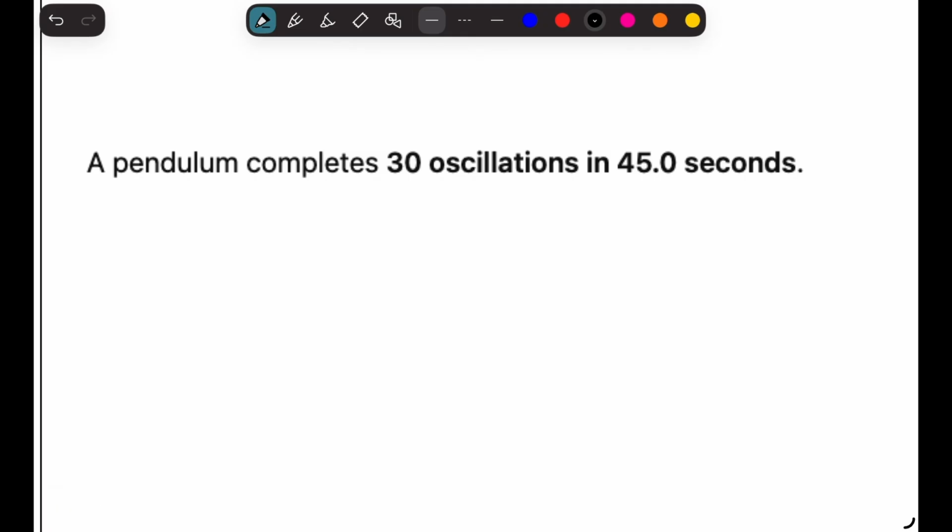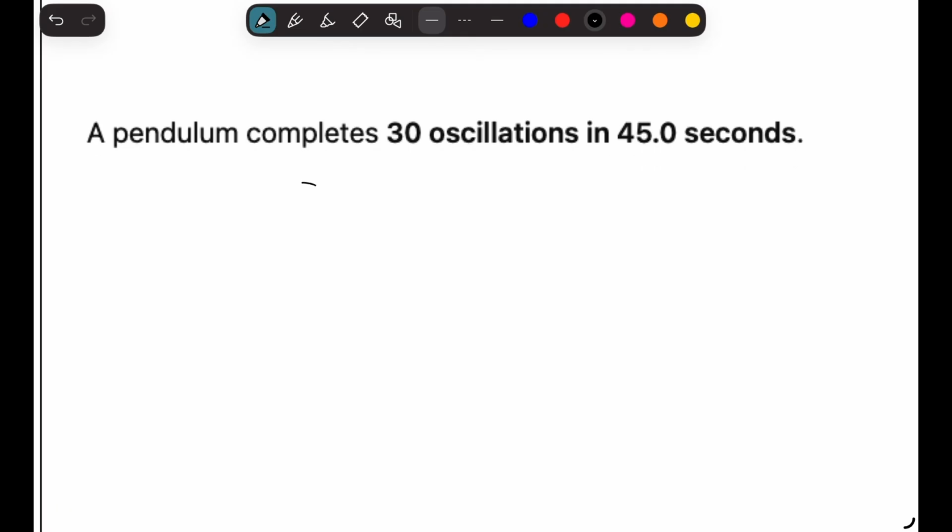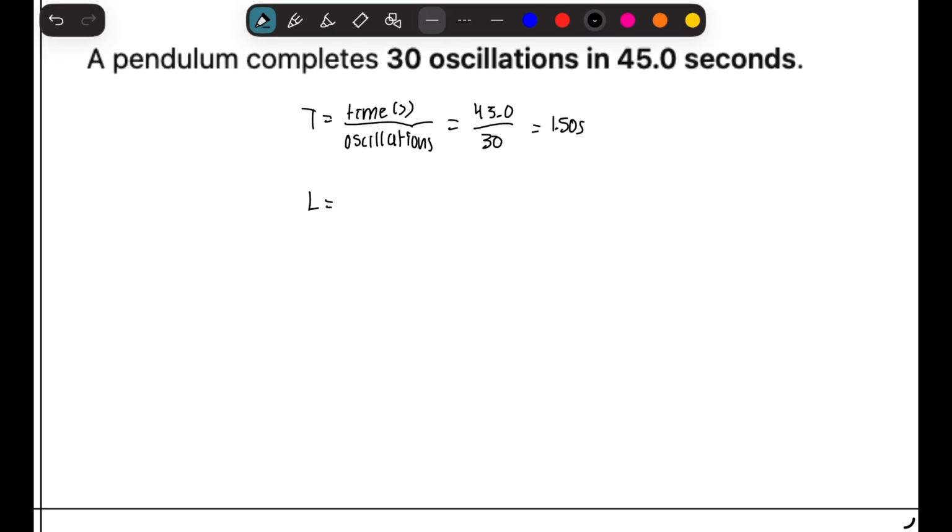A pendulum completes 30 oscillations in 45 seconds. So what we want to find is the period and the length again. Here, our T is equal to our time in seconds divided by our oscillations. That is our 45 seconds divided by our 30 oscillations, and that's equal to 1.50 seconds. So now we have to find our length. Again, we can use our length formula.